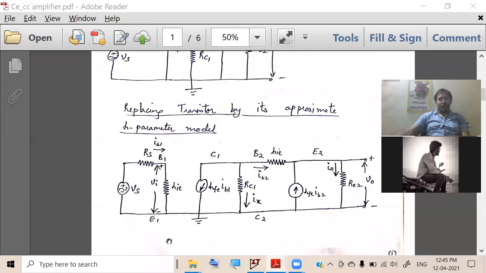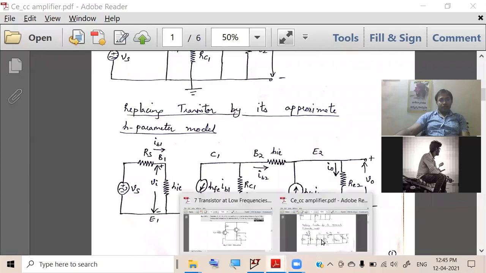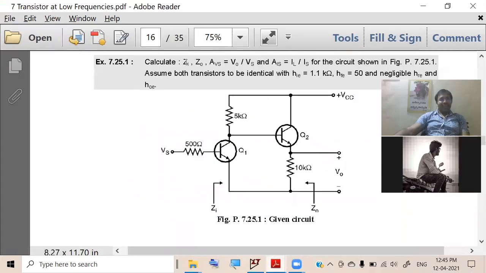So in this problem, we directly get RI, ZI are the same. So what will ZI be? Please answer. For this circuit, what will ZI be? Fast.